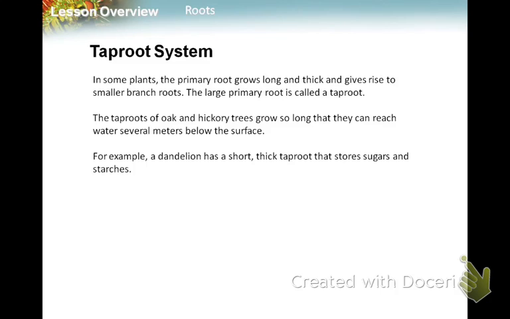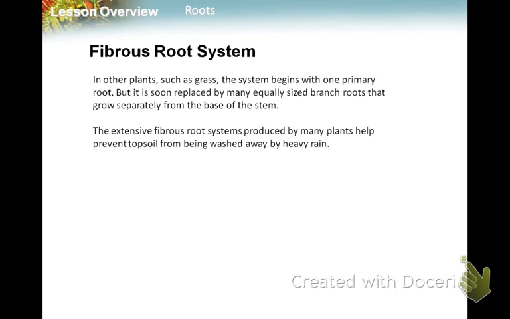A taproot is a primary root that gives rise to smaller branch roots. That taproot is the main root. If you think of a carrot, that's a taproot. Taproots of oak and hickory trees grow so long that they can reach water several meters below the surface of the earth. A dandelion has a short, thick taproot that stores sugars and starches.